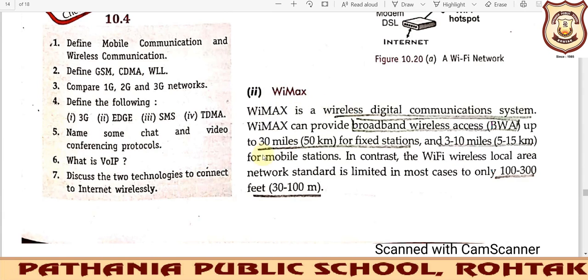Okay, so for Wi-Fi we have a range up to 30 miles, and for a fixed station, if the user is stationary, the range will be up to 50 kilometers. But if the user is moving in a car or in a vehicle, the range of the signals will be 3 to 10 miles, or we can say 5 to 15 kilometers.